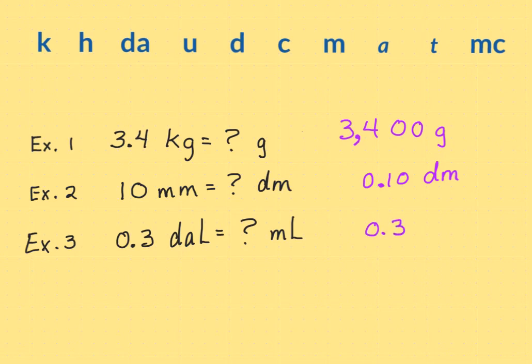Example number 3. I have 0.3 and I have decaliters, DA. Where am I going? I'm going to milliliters. Liter is my base unit. So I need to move 1, 2, 3, 4 to the right. So the decimal point moves 1, 2, 3, 4 into this position. I fill in zeros to fill up those swoops.